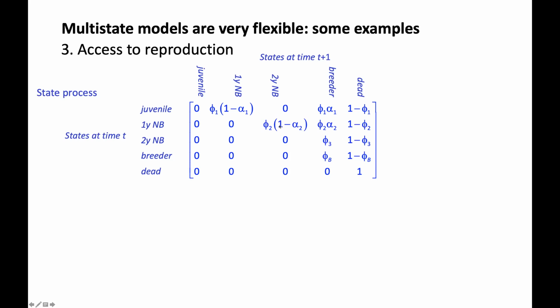You can actually compute the age at which you start to reproduce, and you can test using AIC, or in a Bayesian framework, WAIC or DIC, what's the best age structure.